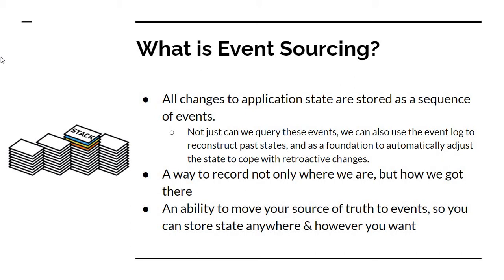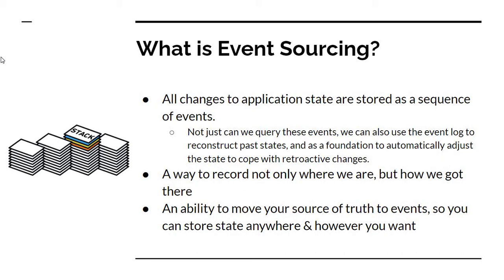And an ability to move your source of truth to events. That just means that your source of truth now isn't your state. Your source of truth is the events. Your events can accumulate to state, but the events are what you can use.